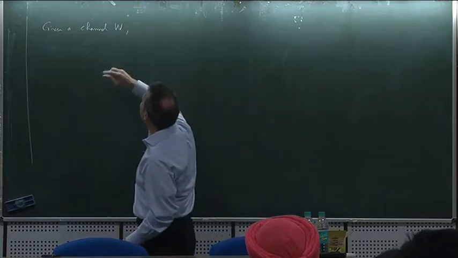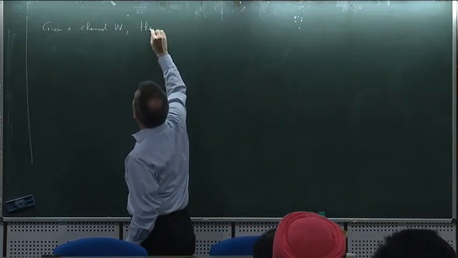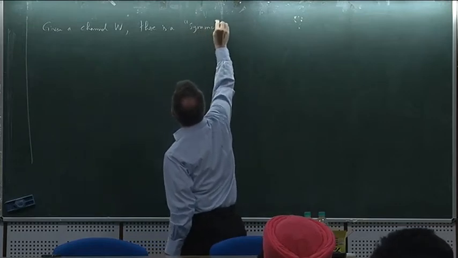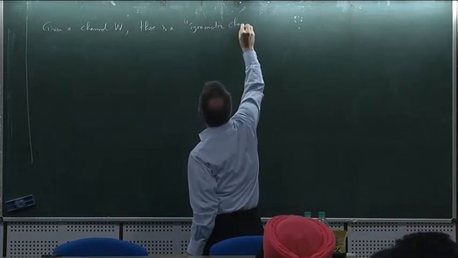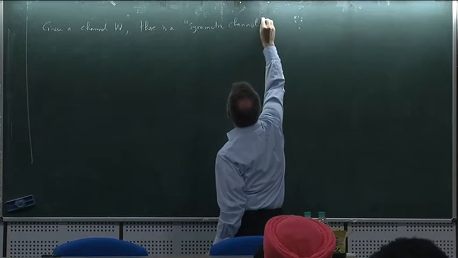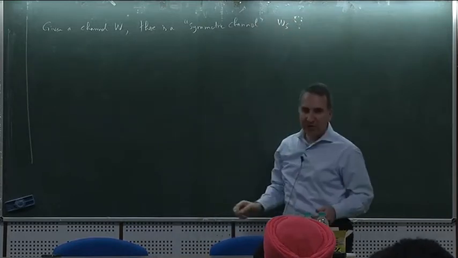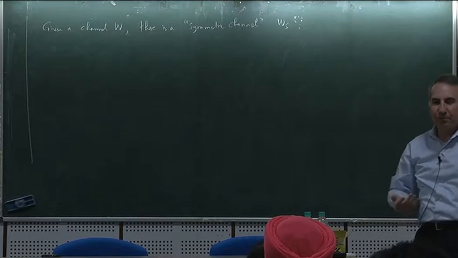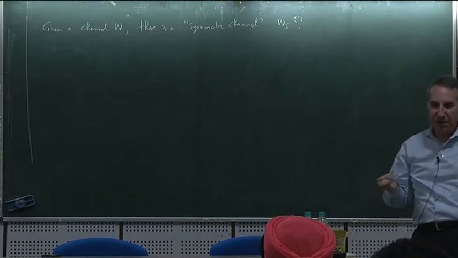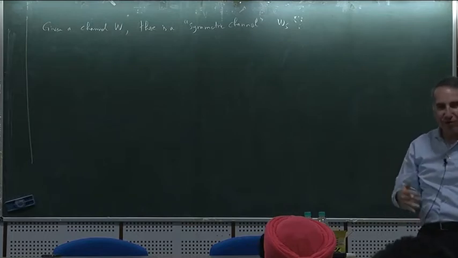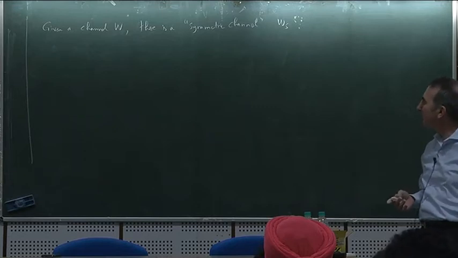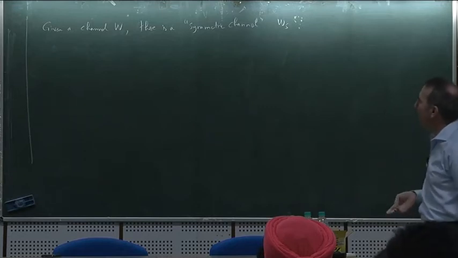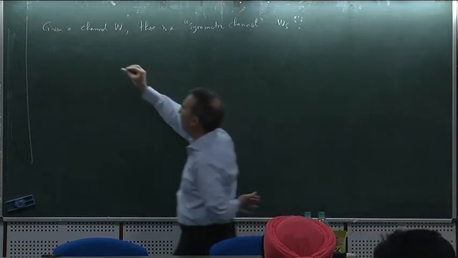Given a channel W, there is a symmetric channel WS, which in fact preserves everything. Okay, so it preserves mutual information and the Bhattacharya parameter, and in fact somewhat more. Let me state this a bit differently.